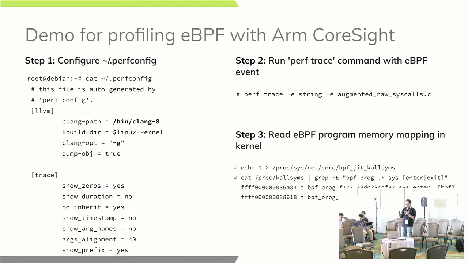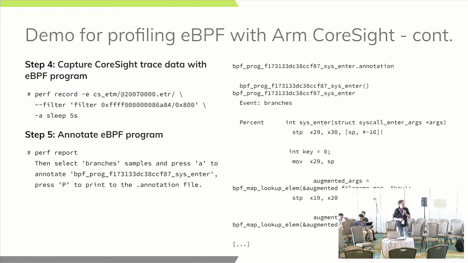This way we know that the eBPF program is hit frequently. Then we can use CoreSight to trace the eBPF program and capture the trace data. Finally, we can use Perf to annotate the eBPF program.